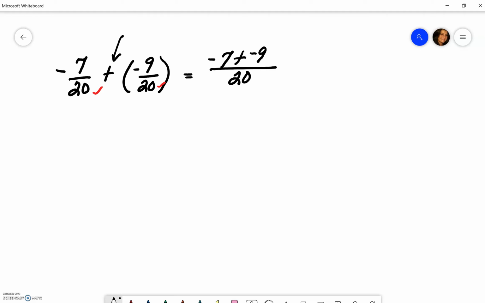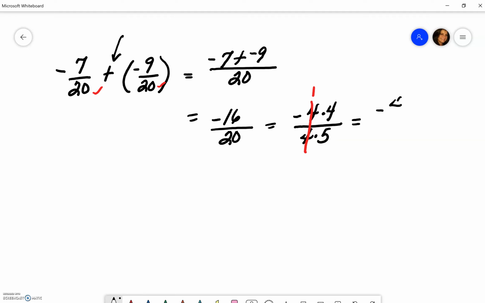They're both the same sign, so we add them and keep the sign. So the answer would be -16 over 20. That's not in simplest terms because we can pull out a 4 from each one of those. So we rewrite -4 times 4 is 16. And we know 4 times 5 is 20. So we can see those divide out to 1. So our final answer for this would be -4 over 5. And now that's in simplest terms.